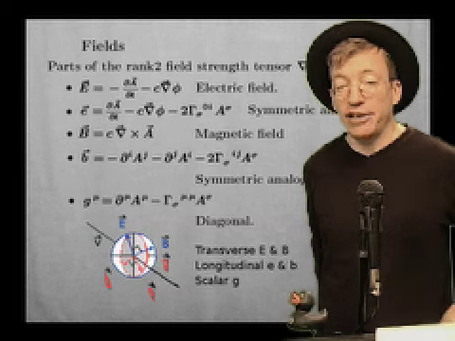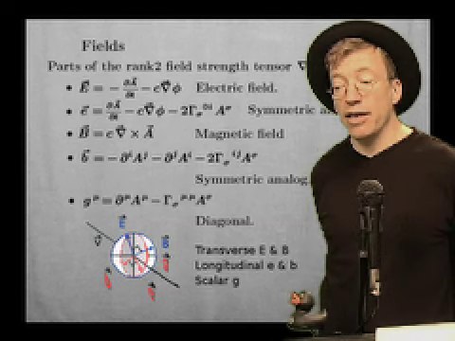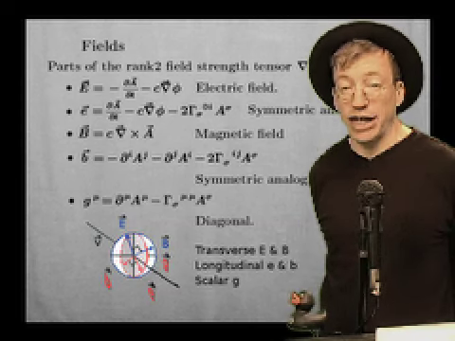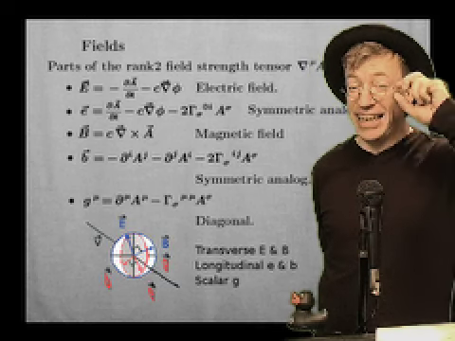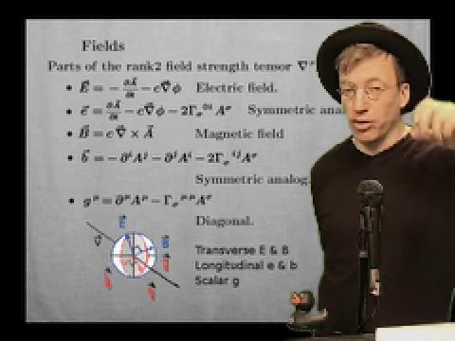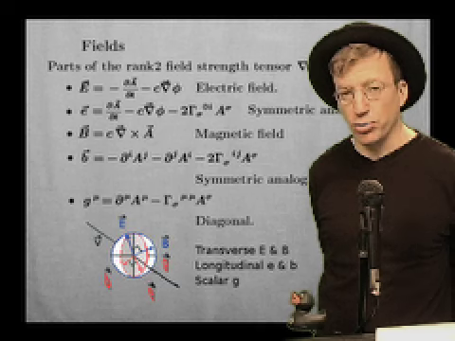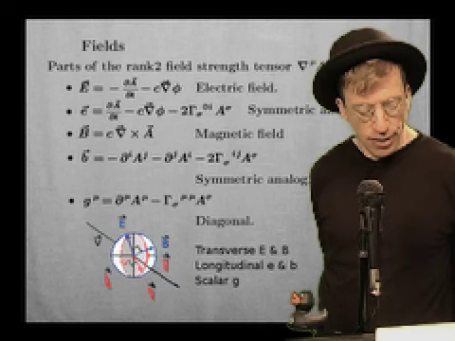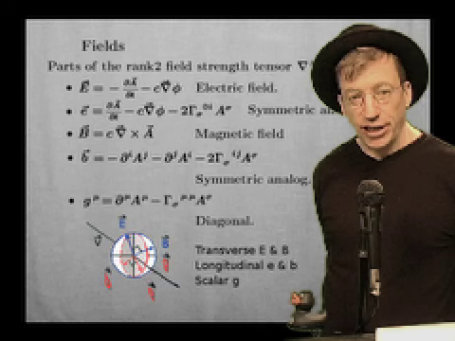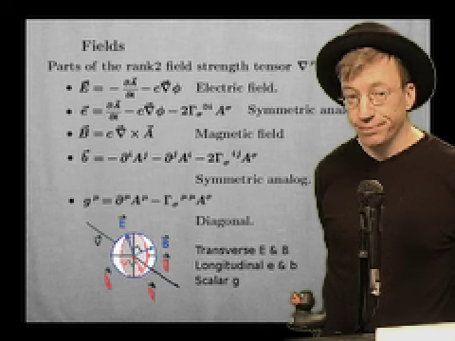Because stuff on the diagonal is in a symmetric tensor, but it is not in an antisymmetric tensor like the one for electromagnetism. So there are 16 fields all told.